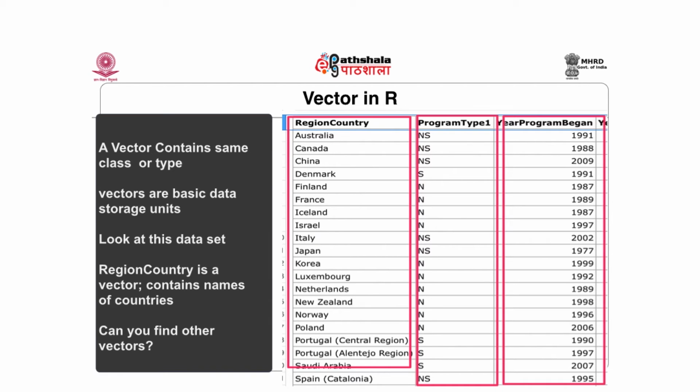So if it is a name variable, then it will only contain string values. If it's for example a year variable, then it's only going to contain year or time data. So similar type of data strung together constitutes a vector.